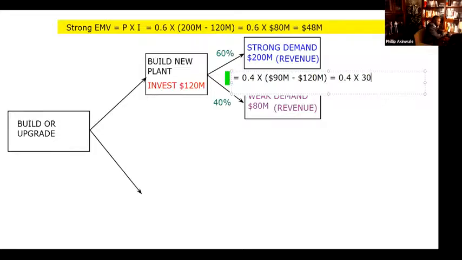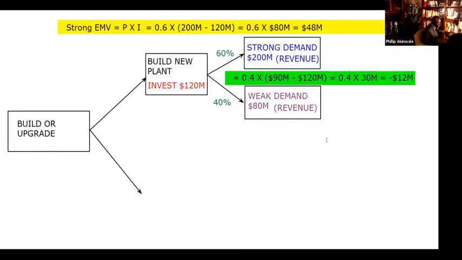30 million. And that's going to give you what? 12 million. And then minus 12 million. I'm sorry, minus 12 million. I need to put my glasses on. Okay, minus 12 million. All right. Now let me tweak this up just to show that this is 90 million. So here we go.